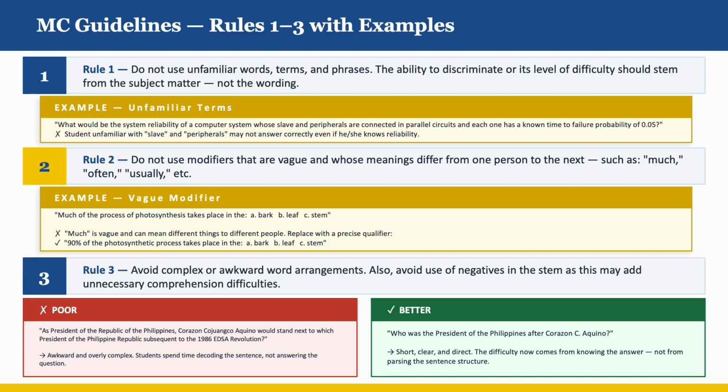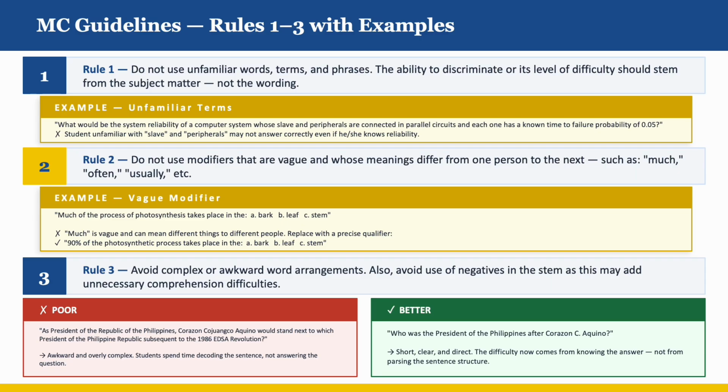What would be the system reliability of a computer system whose slave and peripherals are connected in parallel circuits? So if a student doesn't know what slave and or peripherals mean in this context, they may fail the item, even if they fully understand the concept of system reliability. So that's unfair.